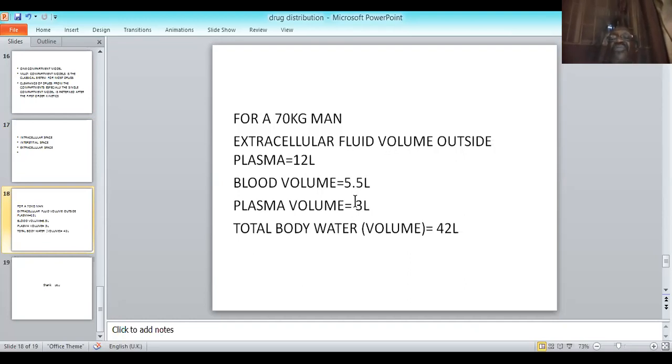The plasma volume will be 3 liters. In the blood, you have plasma, you have serum. So the plasma alone will be 3 liters, and you expect that to be because the blood contains the cells. The total body water, the total volume, of such a man will be 42 liters. So we should sit back and study this more, to give us a better idea of what we are dealing with, the implications, what can happen, and how we can influence the situation.